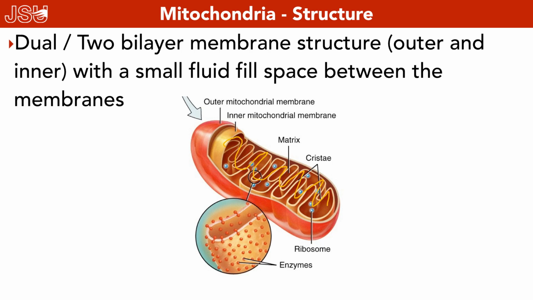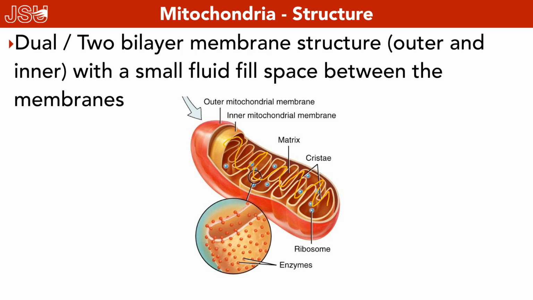When we get to metabolism, we're going to see that for ATP production, there are certain enzymes and certain protein structures that are important. To maximize surface area, it's highly folded inside, to maximize the area that we can have these ATP-generating structures. For the purposes of this test, just know that the inner membrane is highly folded.